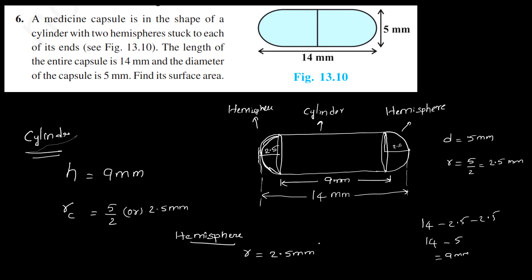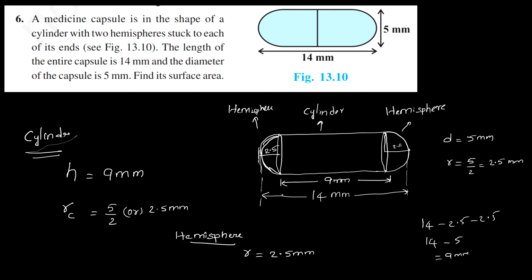Now here we have to find the surface area of the whole medicine capsule. In the question it was not mentioned to find total surface area or curved surface area, but just surface area. That means we have to find the surface area which can be touched. I'm not telling you to use TSA, or to use CSA, but you should know which formula should be used spontaneously.